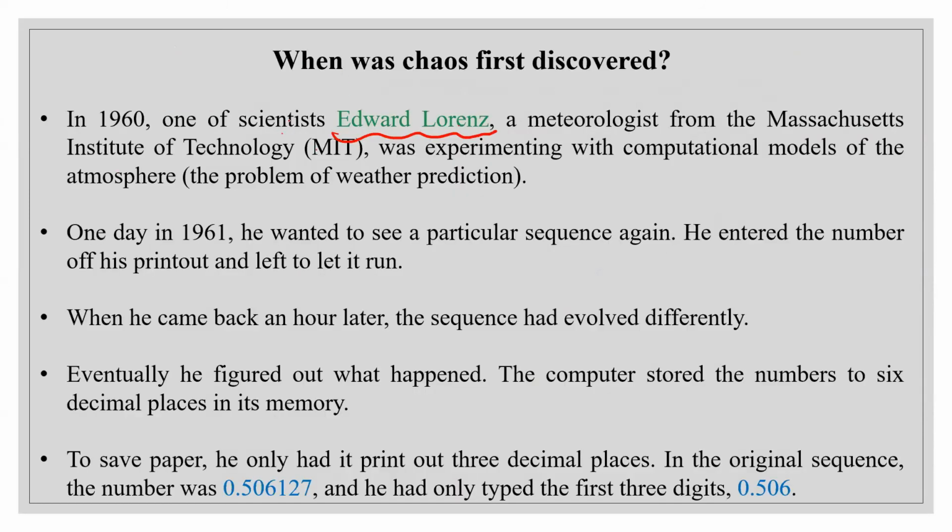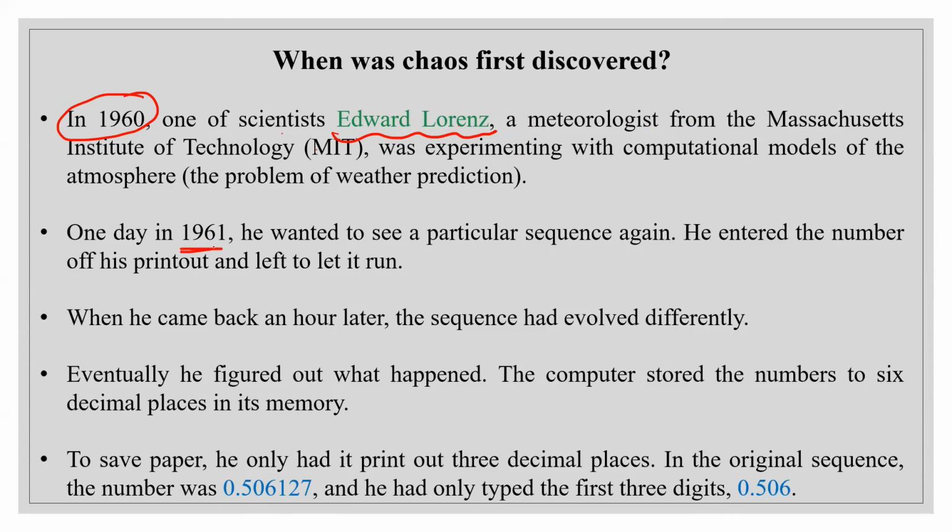So just to see how he introduced it, then you will understand what sensitivity to the initial condition means. In 1960, Edward Lorenz, a great scientist and meteorologist, was working at MIT and experimenting with a weather prediction model, right?